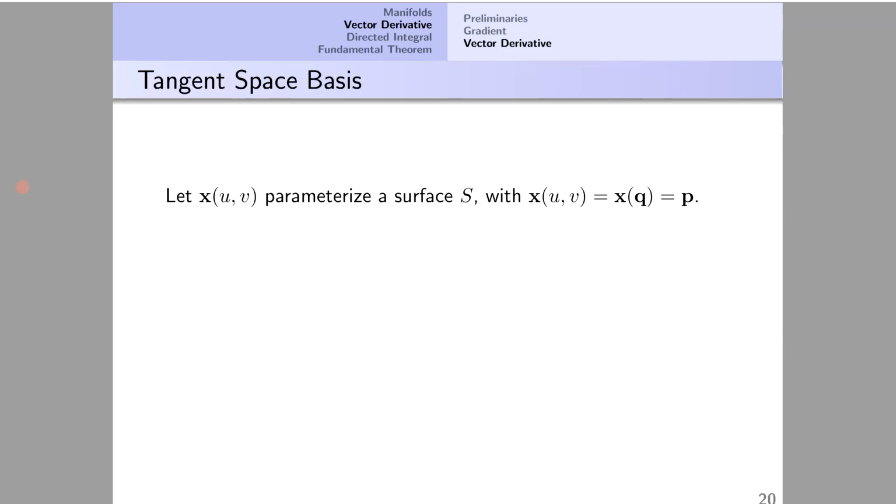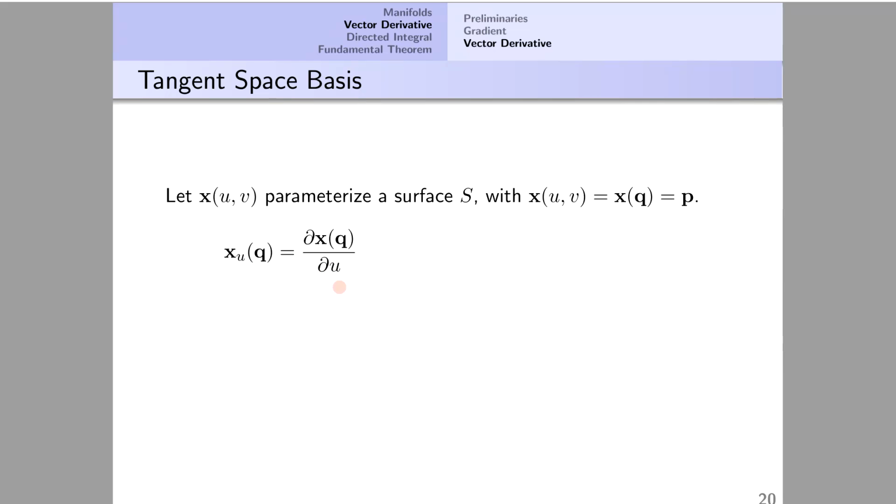Recall our earlier discussion of the tangent space T sub p to a manifold at a point P on the manifold. We need a basis for that tangent space. So I'll parameterize a surface, x of uv. uv is a point Q, and x of Q is P. I'm going to abbreviate this partial derivative to this.